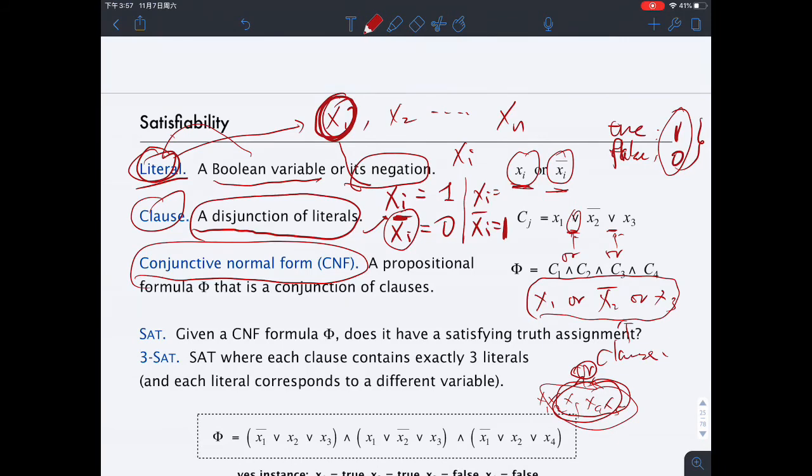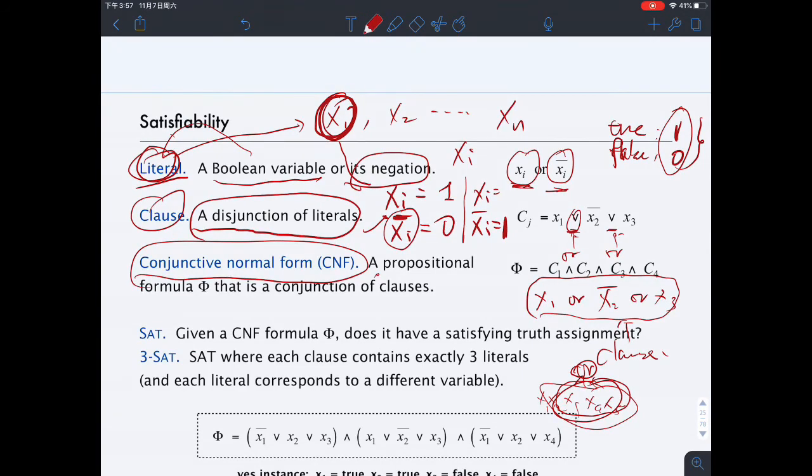And conjunctive normal form says that it's a propositional formula. If it's not comprehensible for you, that's fine. After you see the example, it becomes very obvious what I'm referring to. This is a conjunction of clauses.